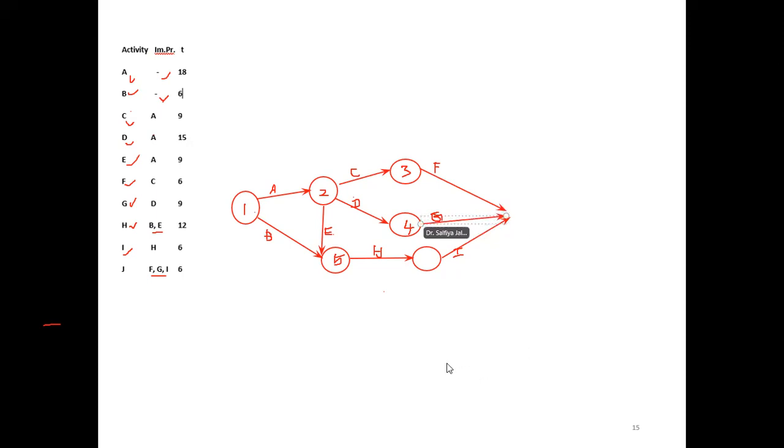Okay, now F, G, I together finish, then activity J starts. That's all. Now F, G and I together finish, J starts.